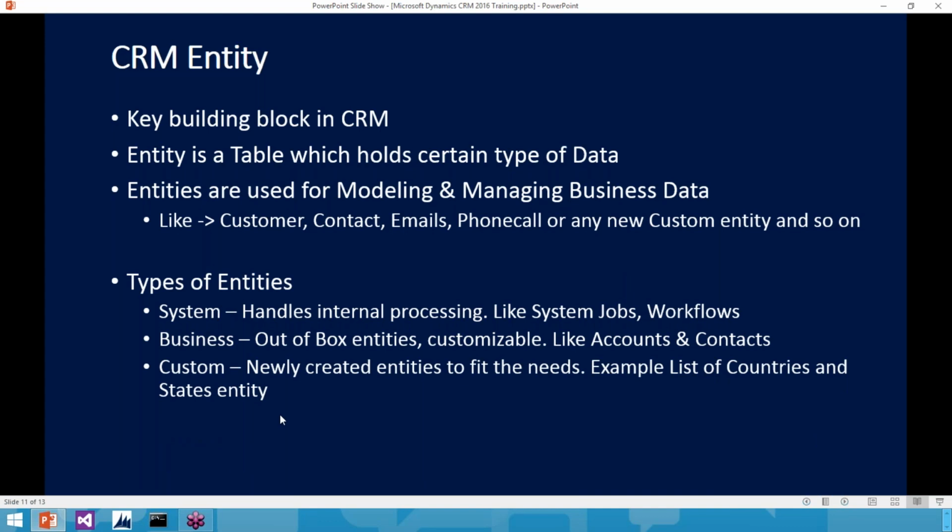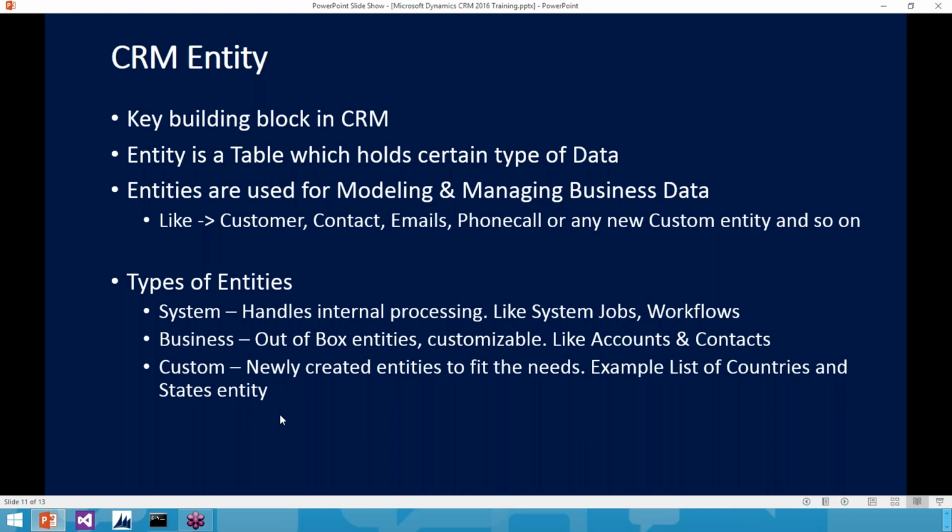And the third type of entity is custom entities, which are something that we create in the CRM system to accommodate client needs. So for example, I'm working for a bank, and obviously 50% of their business is providing loans to customers.